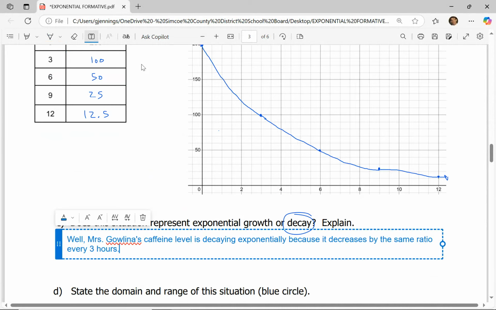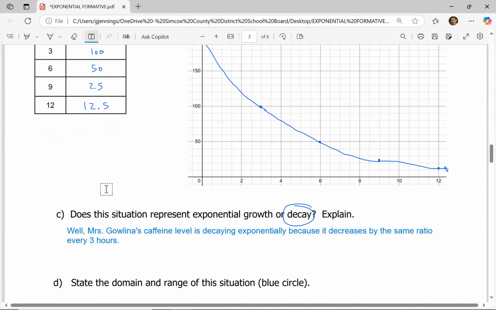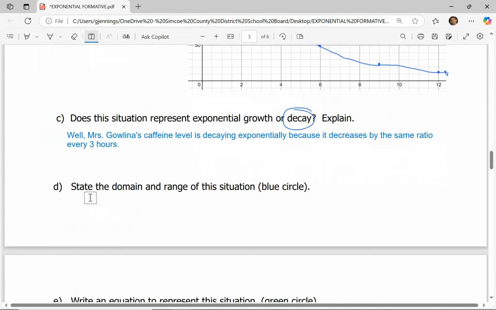That's a fulsome explanation of why it represents exponential decay. So it's a domain and range.